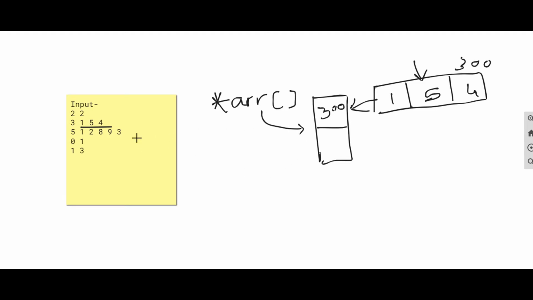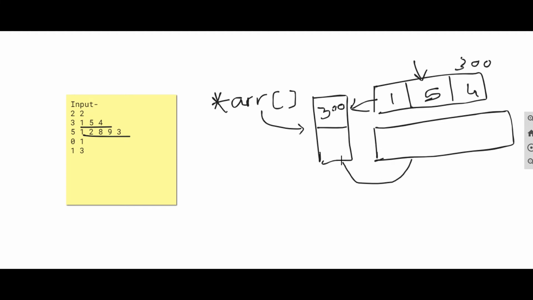And again, we also have to store another array which is 1, 2, 8, 9, 3. Same thing we have to do in this case also. We are going to store the address of this array in the main array at the second position, which is suppose 200. And the elements are 1, 2, 8, 9.